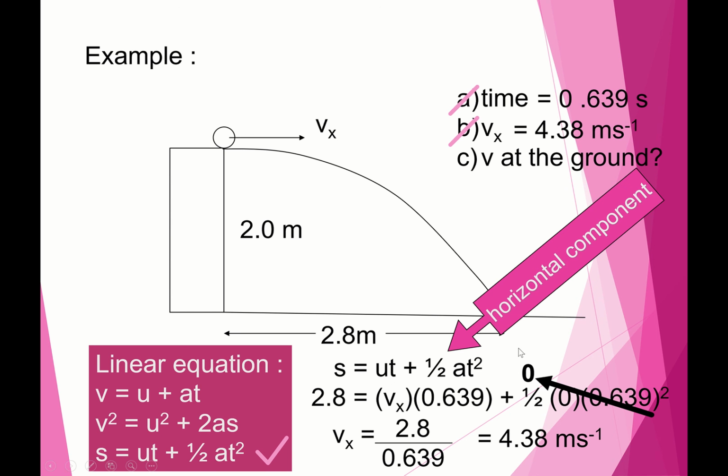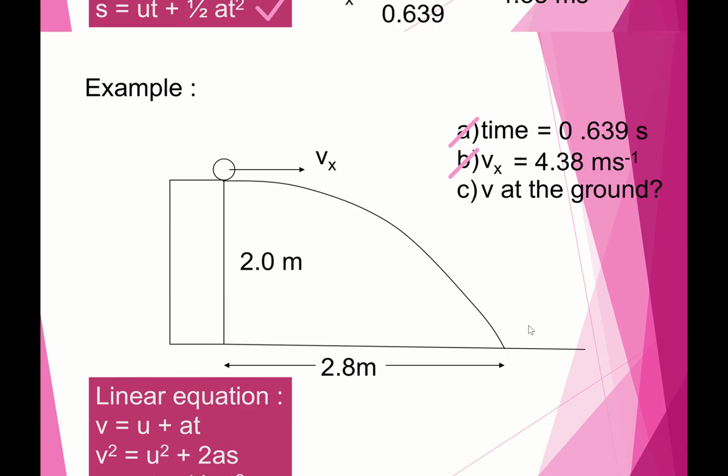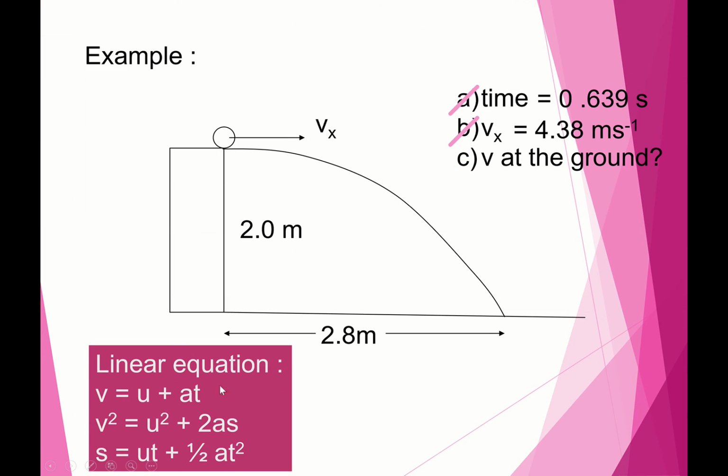Next, we are going to find the velocity of the object when it reaches the ground. Again, from these three linear equations, we choose the most suitable one to determine V at the ground.